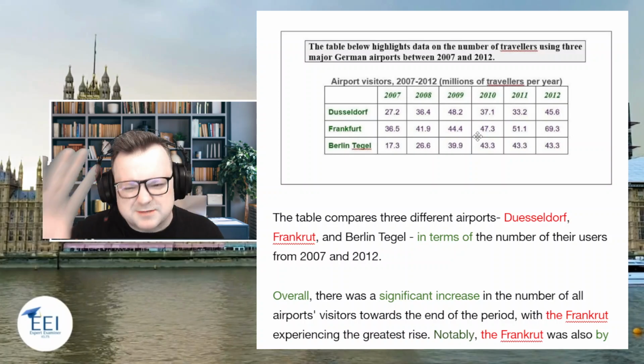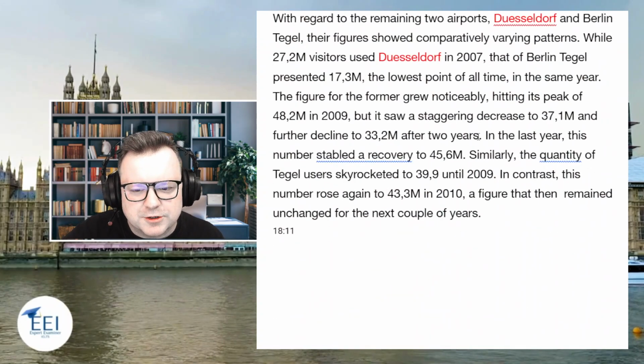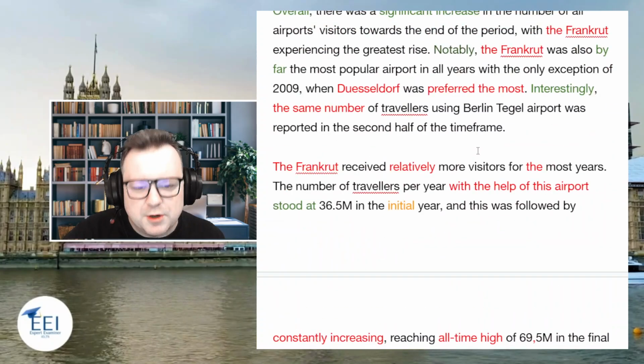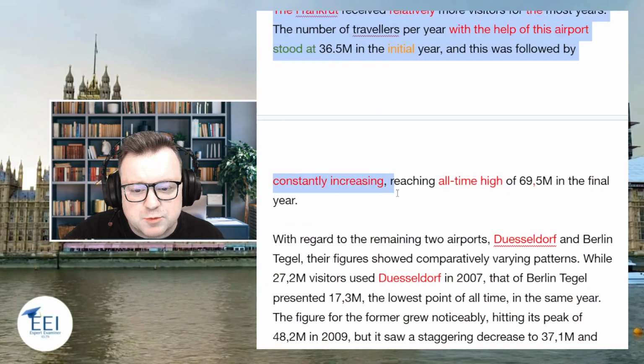So it doesn't matter how I would word it. I'm not writing this task myself. But okay, we do get some data to back up this one key feature.